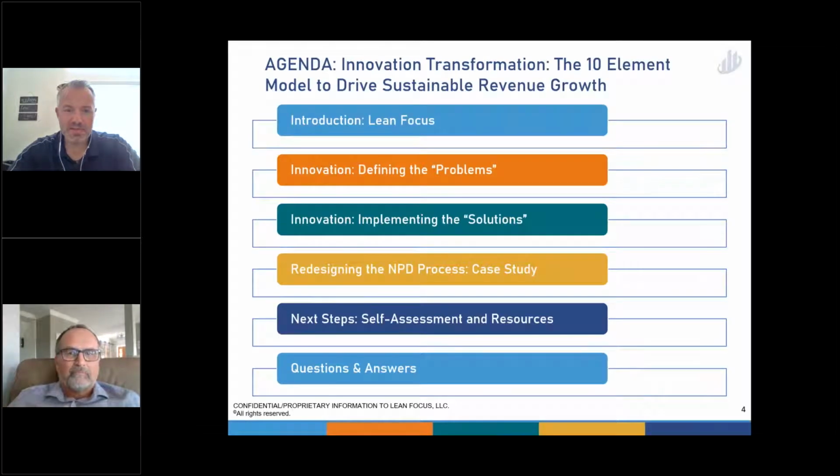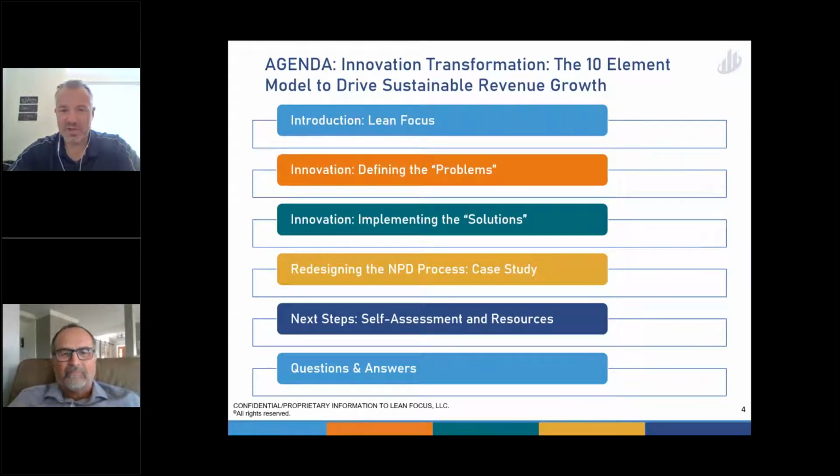So today's agenda for the webinar topic is as follows. I will kick it off with a brief introduction as to who we are at Lean Focus and what we do. Then George will talk about the content with relation to the topic at hand. He's going to go into the types of problems that exist in the innovation function inside of companies. What solutions can we pull on to deal with those problems?